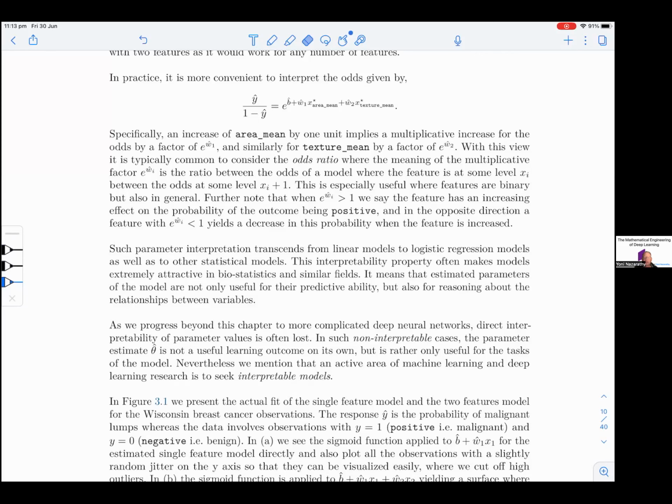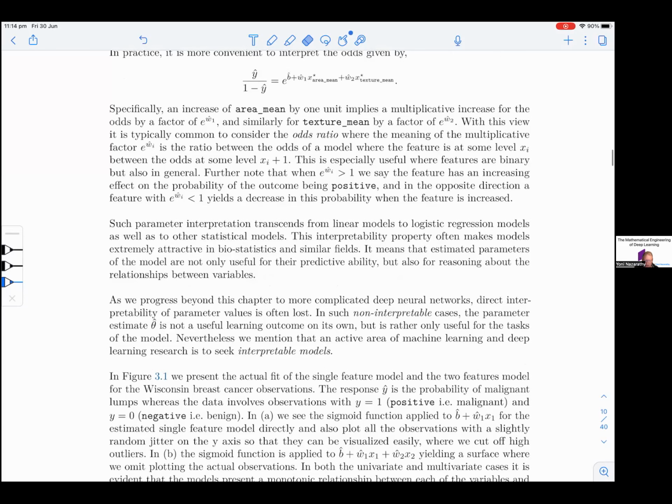Such parameter interpretation transcends from linear models to logistic regression models, as well as to other statistical models. This interpretability property often makes models extremely attractive in biostatistics and similar fields. It means that estimated parameters of the model are not only useful for their predictive ability, but also for reasoning about the relationships between variables.